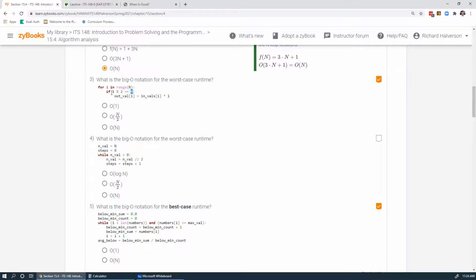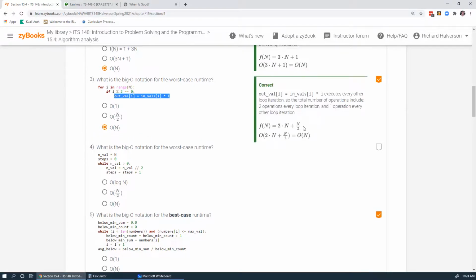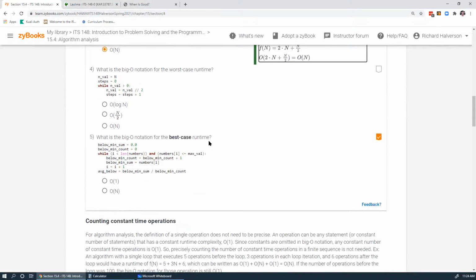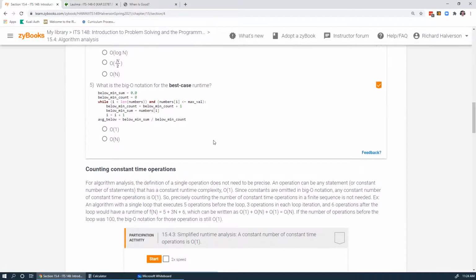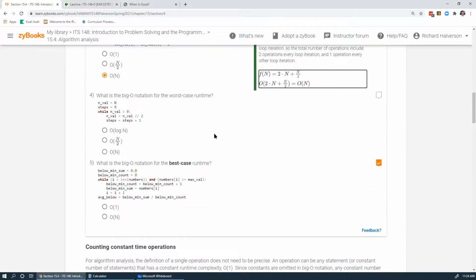So this is going to be executed all the time, but only half the time this is going to be executed. So this gets executed once, this gets executed once, and this gets executed half the time, and that would be this here, it looks like. All right. So anyway, you can do these. Okay, let's go on.